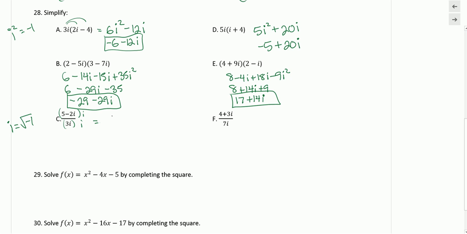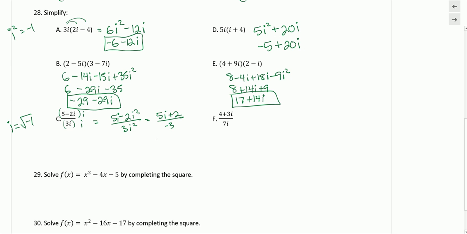And we end up with 5i minus 2i squared over 3i squared. i squared is negative 1, so that's 5i plus 2 over negative 3. And we can leave it like that.